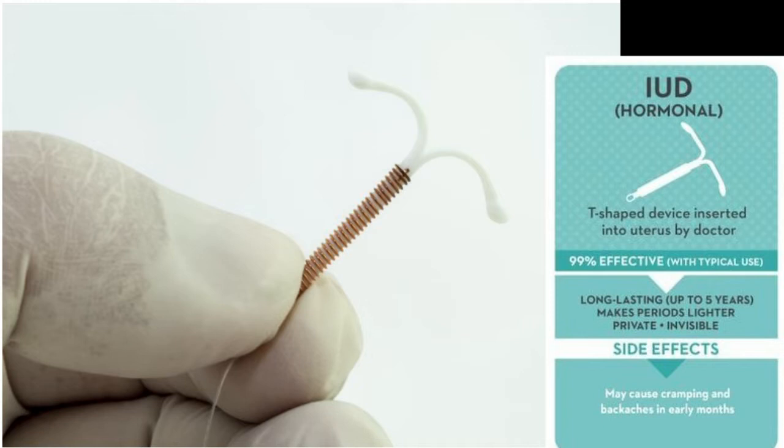It can last from 5 years to 12 years, depending on the individual's body and the copper. There are different coppers, the one of 5 years, the one of 12 years, depending on how long you want to space your child. And this can cause irregular period and spotting, and can cause cramping each month. So this is a very good method.